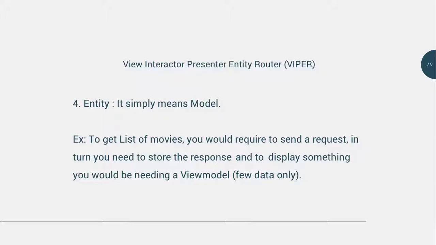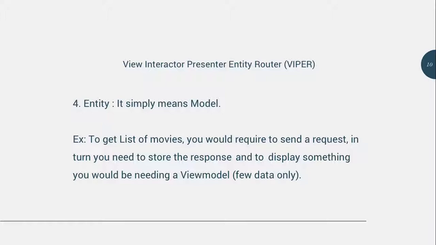To get a list of movies, you would need to send a request. What would a model have in it? Think about it: if you want to get data from HTTP, you would first request the data, so you would send a request. In turn, you'll get a response.